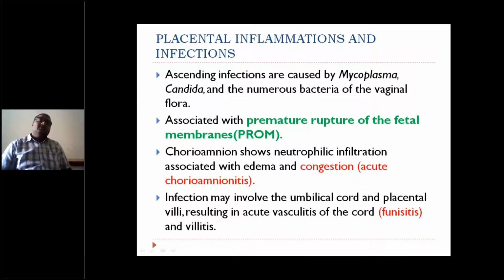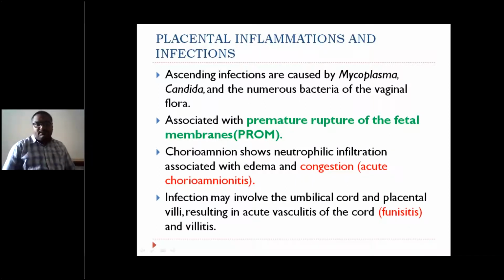Please be familiar with this terminology. The villi within the placenta may also show inflammation, resulting in villitis.